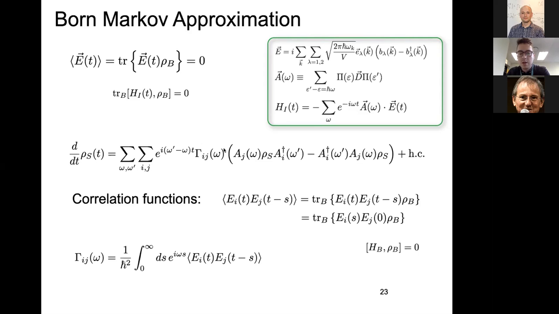Just to reiterate, these gamma coefficients are the one-sided Fourier transform of our reservoir correlation functions, and A_i and A_j are our eigenoperators.